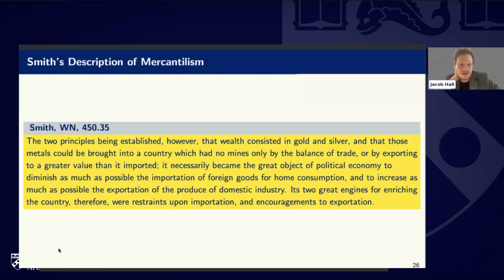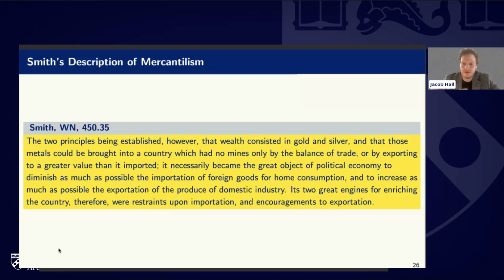It's worth quoting entirely. The two principles being established, however, that wealth consisted in gold and silver, and that those metals could be brought into a country which had no mines only by the balance of trade, or by exporting to a greater value than it imported, it necessarily became the great object of political economy to diminish as much as possible the importation of foreign goods for home consumption, and to increase as much as possible the exportation of the produce of domestic industry.